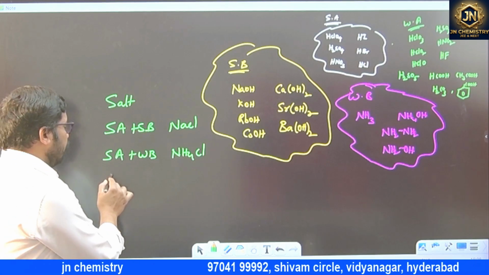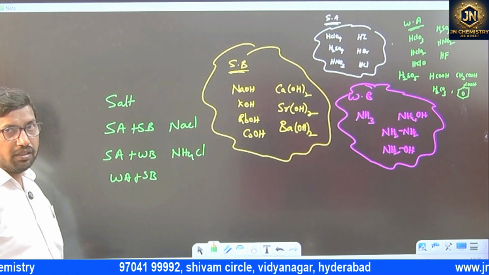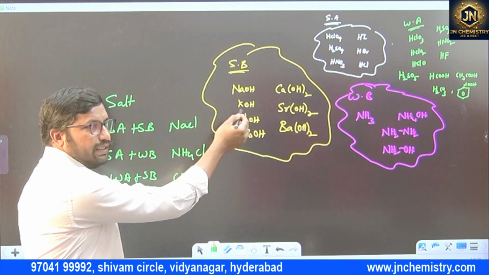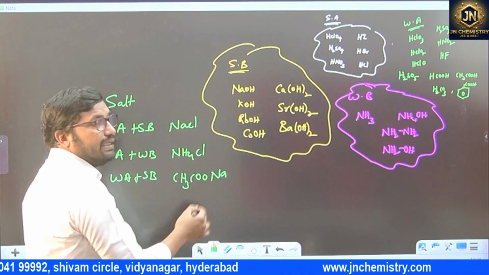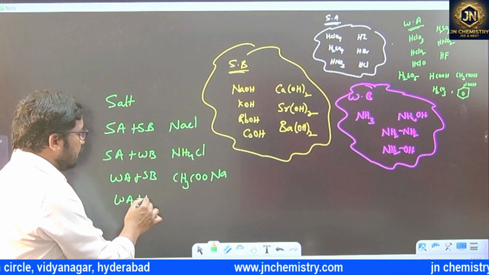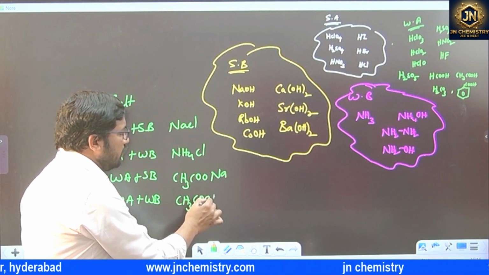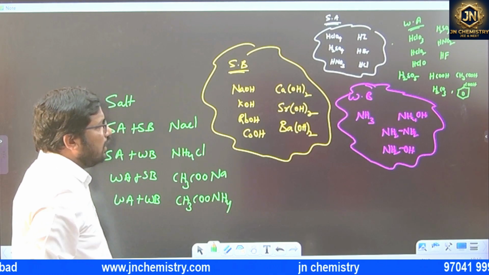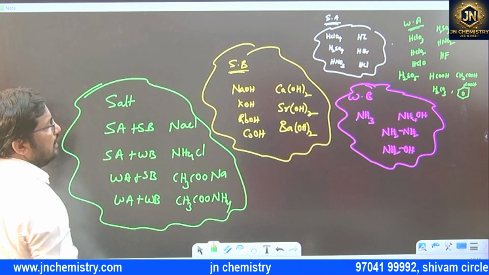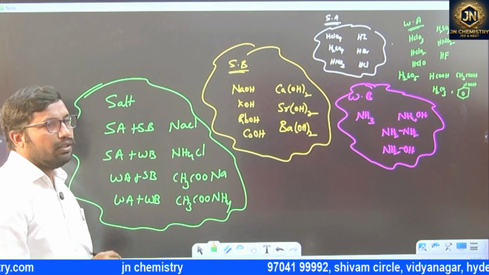Next, weak acid, strong base, CH3COONa. Anything we can take, the combinations of course, but majorly these examples. Weak acid plus weak base, CH3COONH4, like that. So these salts are also important. These are the first basic things we need to know when entering the chapter.